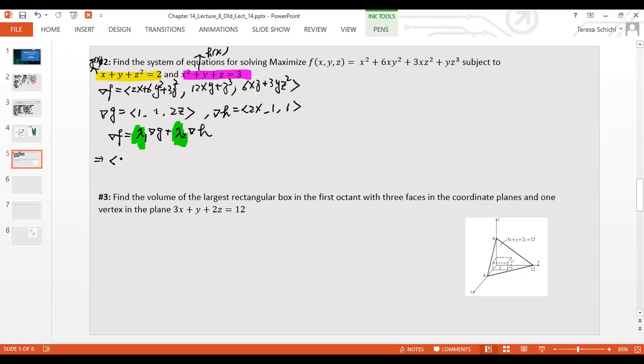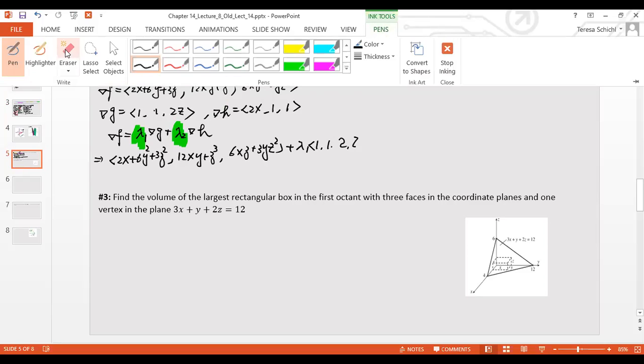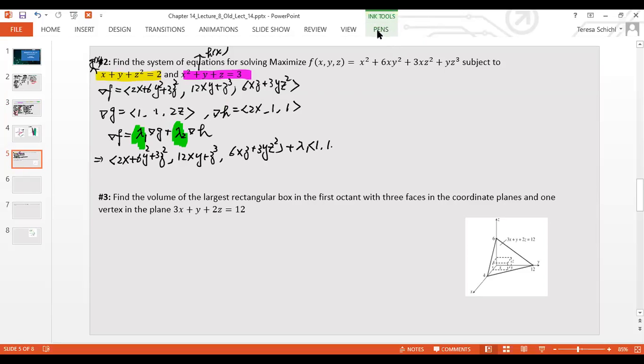This one is (2x plus 6y squared plus 3z squared, 12xy plus z cubed, 6xz plus 3yz squared) equals lambda 1 times (1, 1, 2z) plus lambda 2 times (2x, 1, 1).